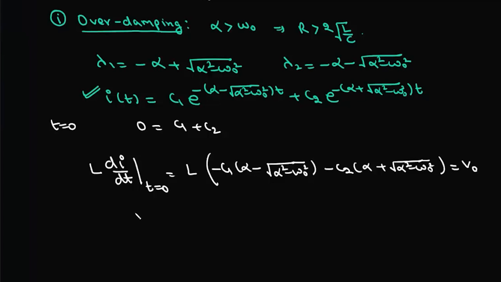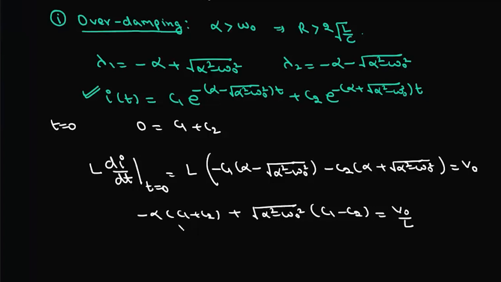Now we can rewrite this as minus alpha C1 plus C2 and plus under root of alpha square minus omega naught square C1 minus C2, and it will be equal to V0 by L.